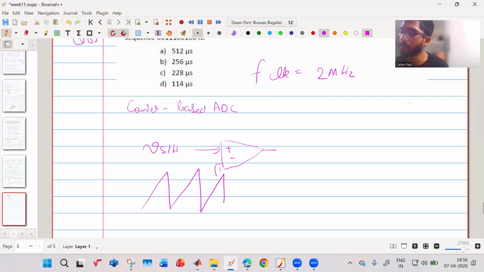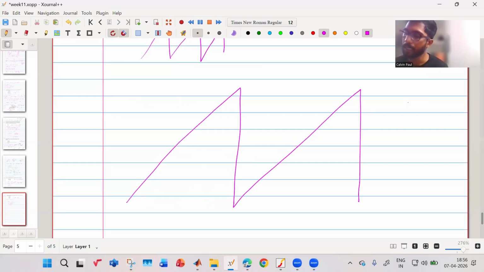When your counter goes above the sample and hold value, then you generate a pulse. Suppose this is your counter, and here your signal which you have sampled and held is like this. Another time it goes like this. So this is your sample and hold signal.